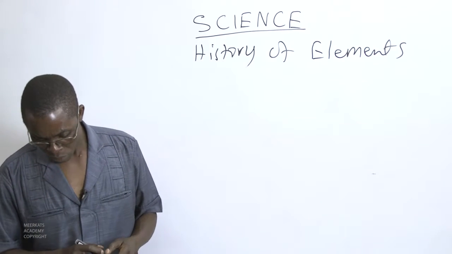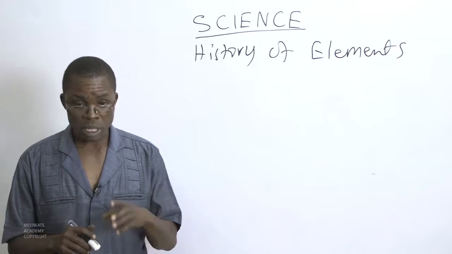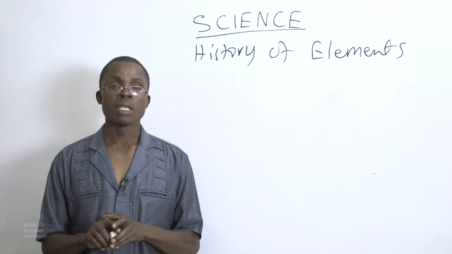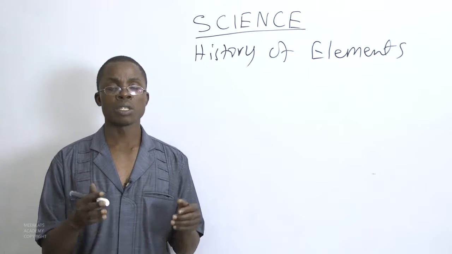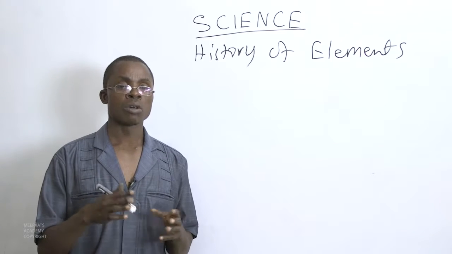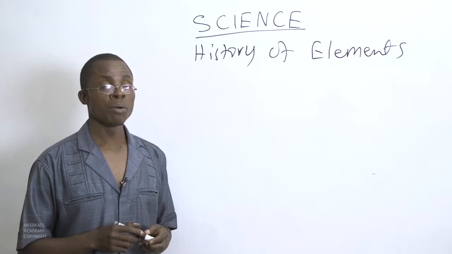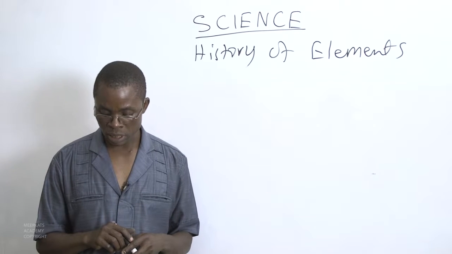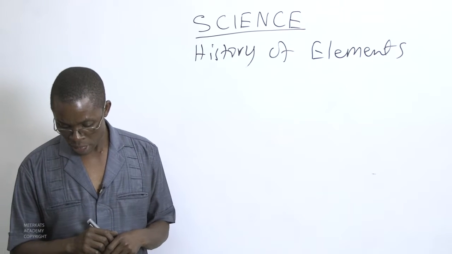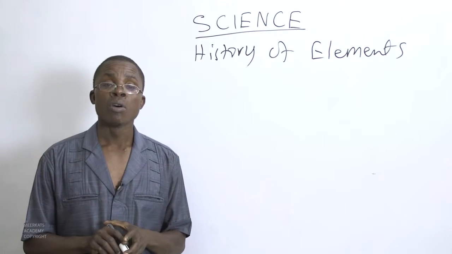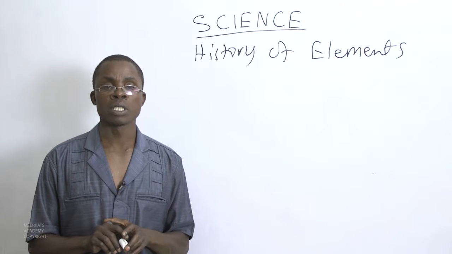An earlier scientist, for example Democritus, whom I mentioned earlier in the development of the kinetic theory of matter, was one of the early scientists, in the early years of 440 BC.